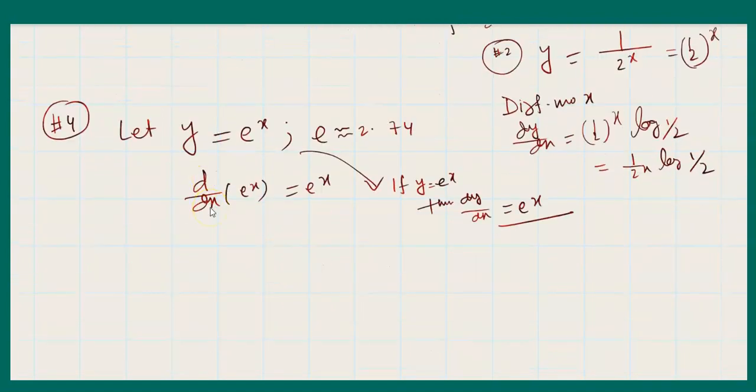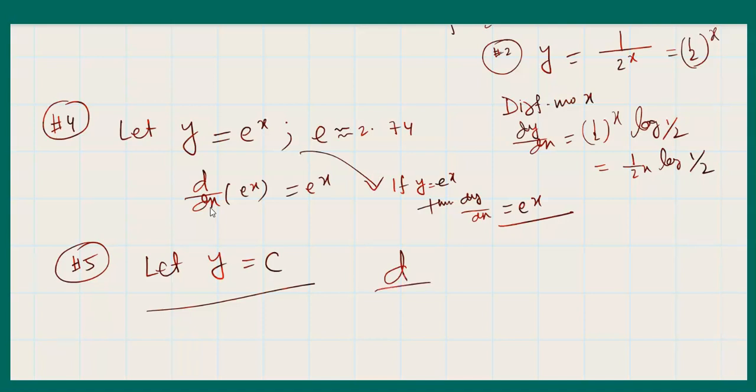Now the last one, at this moment going to be derivative of a constant function. Constant can also be a function. If y equal to constant, what is the rate of change of y with respect to x? If y is a constant, that constant value can never change. So its rate of change is going to be equal to 0. Then dy by dx will be 0. Let y equal to c, then dy by dx must be 0.